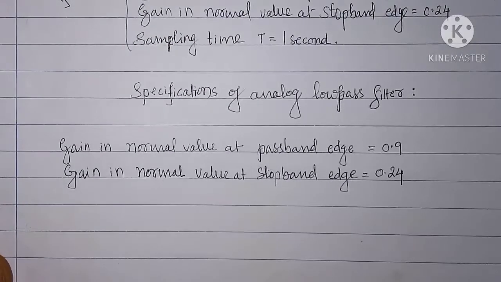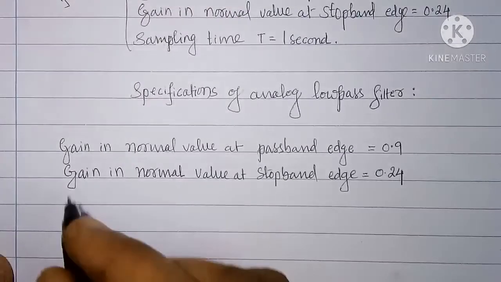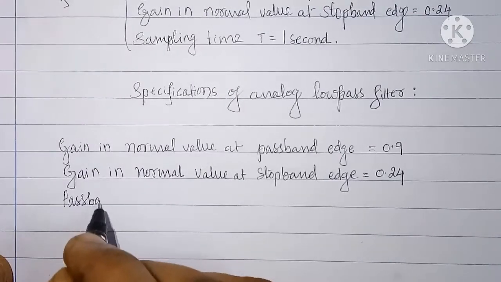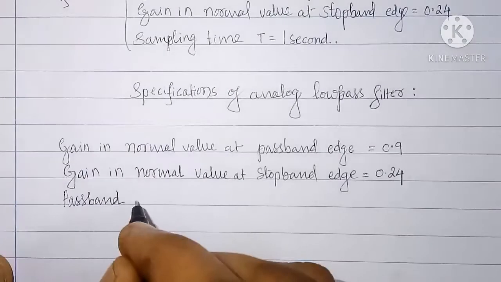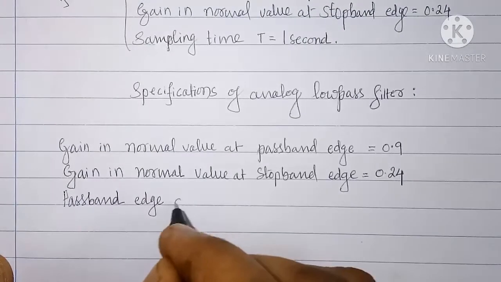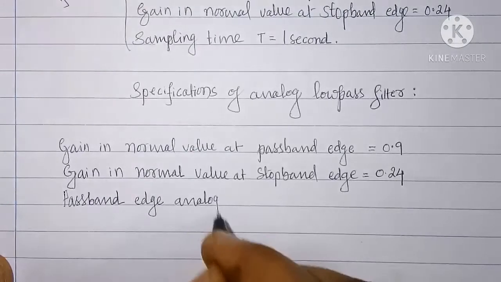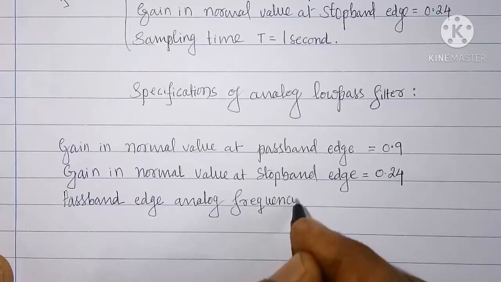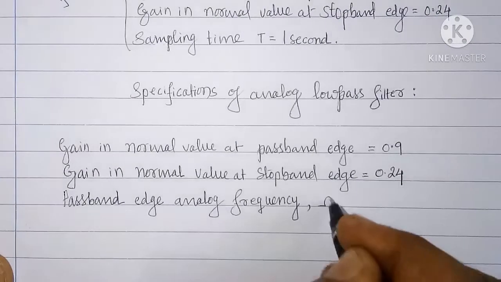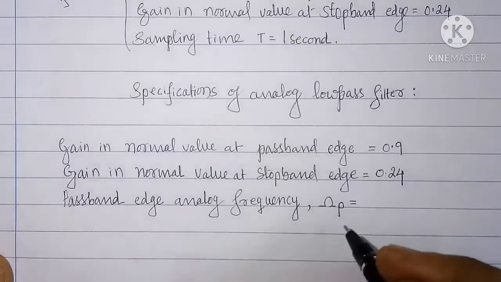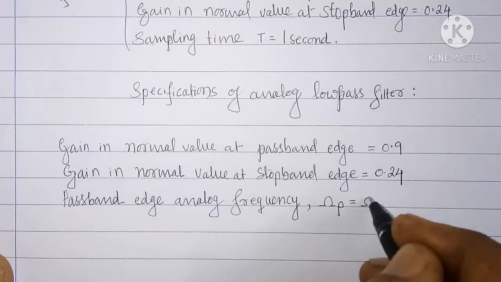That is, passband edge analog frequency omega p. For a Chebyshev filter, omega p is equal to omega c.